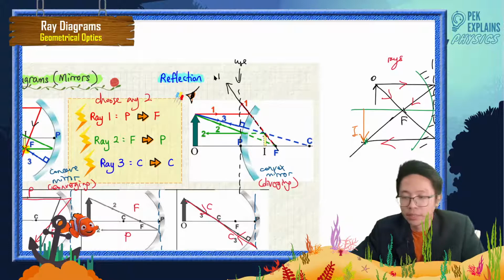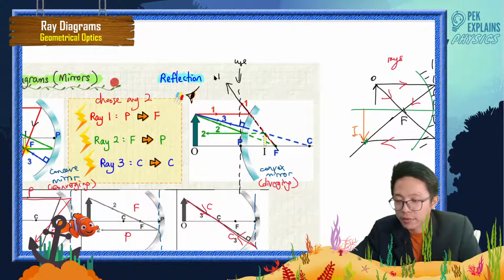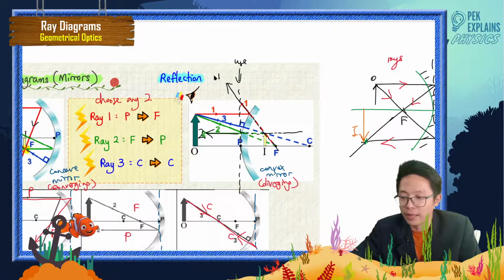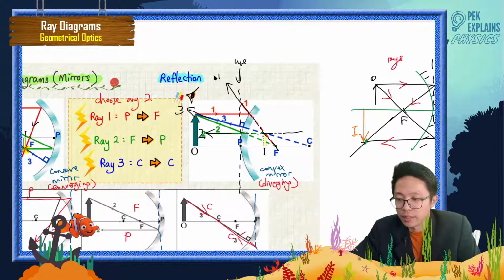I'm watching, and then for the second ray, what I see is this ray. It comes from a straight line behind here. Understand or not? And then I see the third ray. The third ray also reflects back, isn't it? I see the third ray coming from a straight line like that.